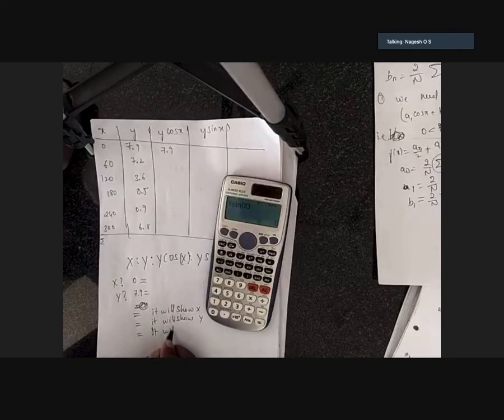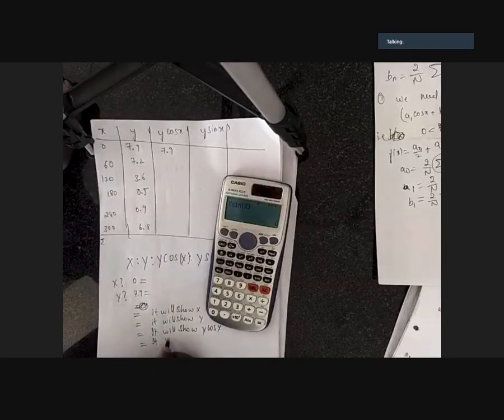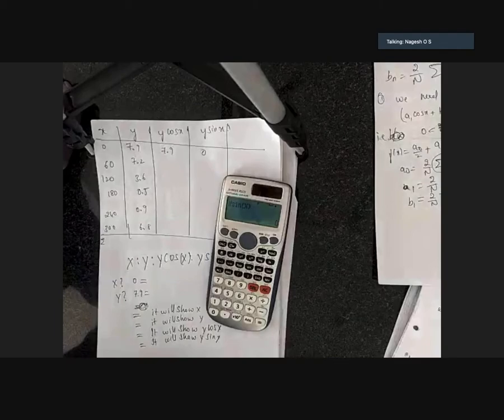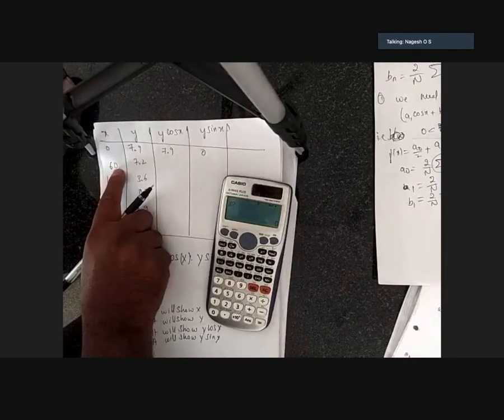It will show y cos x. Write that. Press equals again. It will show y sin x. Y sin x, that is 0. Write that.